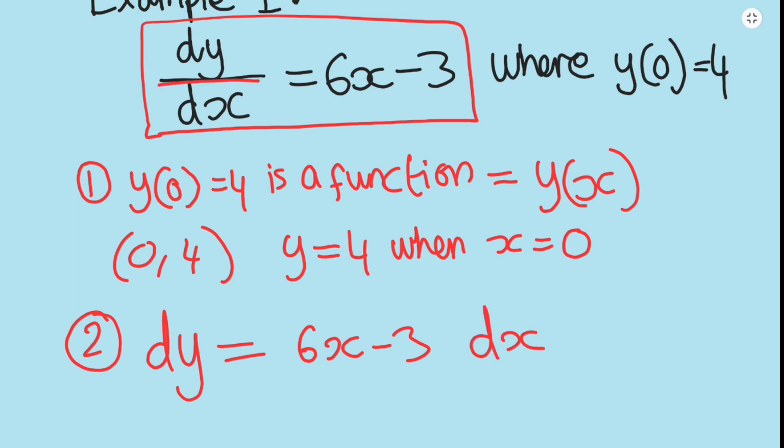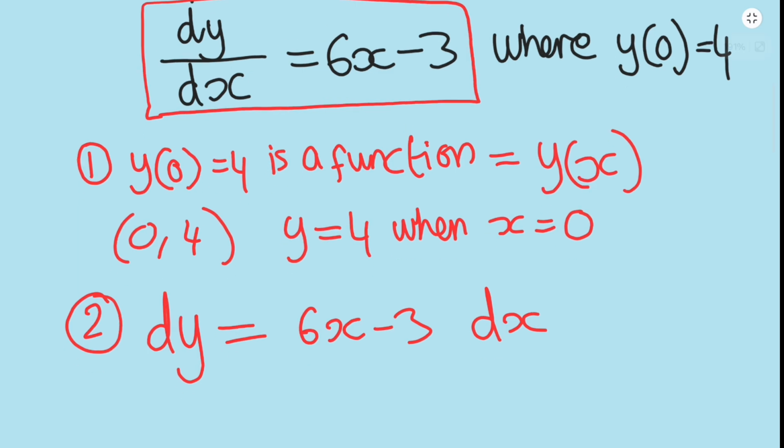Since the line means divide, so to bring dx to this side, we multiply by dx. Some people say multiply both sides by dx, so that cancels. So the left side will cancel out dx, and then dx will be put here. So that's what we get.